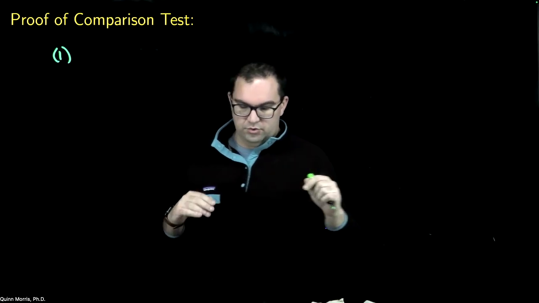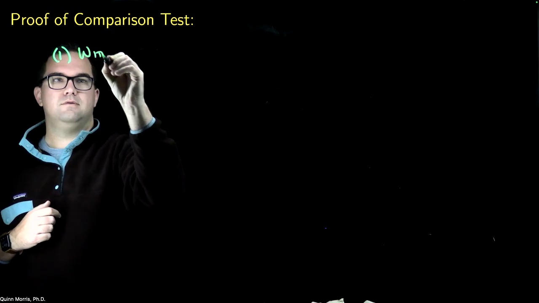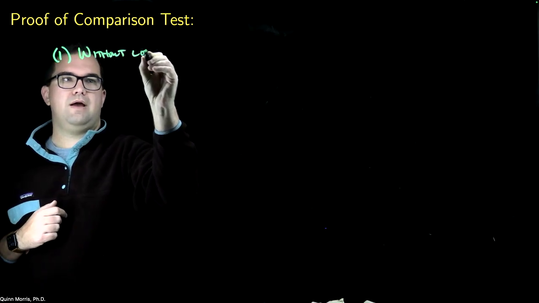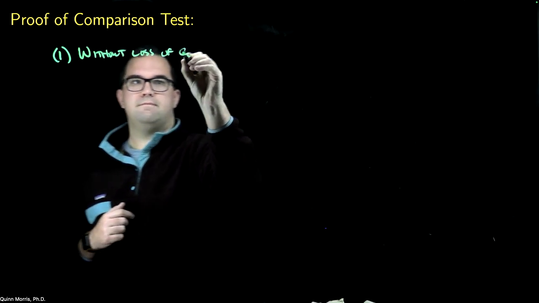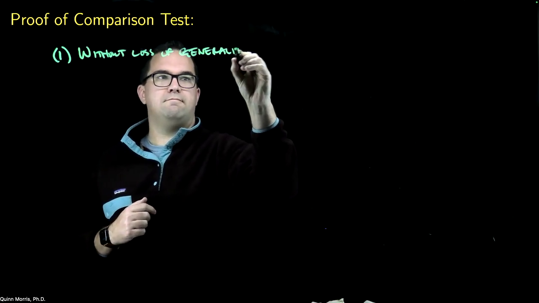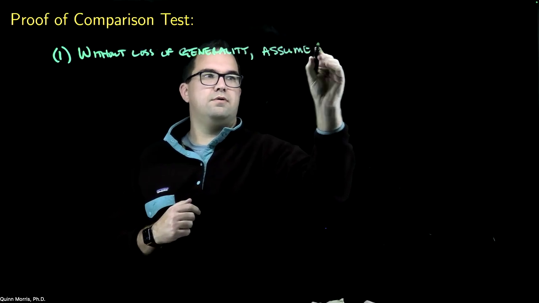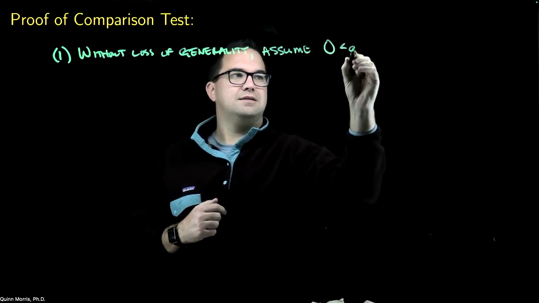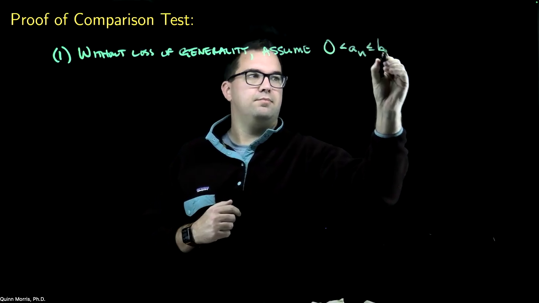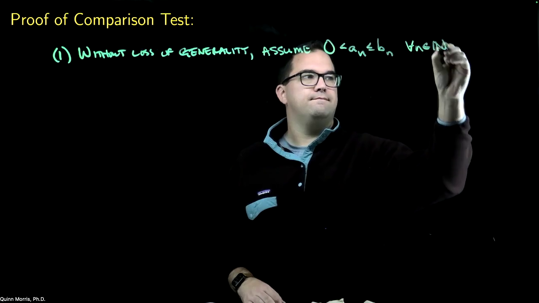So what we're going to do is assume without loss of generality that 0 is less than a_n is less than or equal to b_n for all natural numbers n.